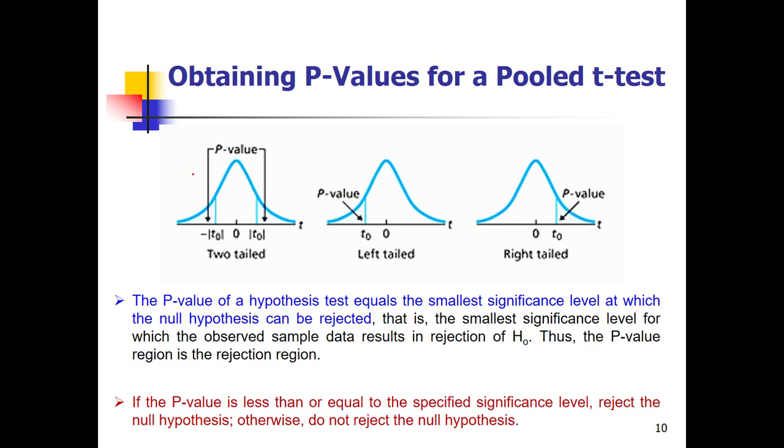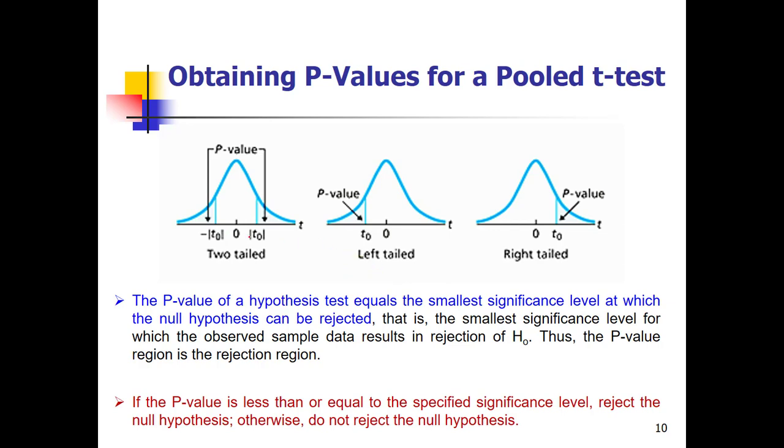Okay, so for the first step, we will write our null hypothesis and then the alternative hypothesis. For a non-equal, we have two tail. If the first mean is bigger than the second mean, we have right tail, and if the first mean is smaller than the second mean, we have left tail.